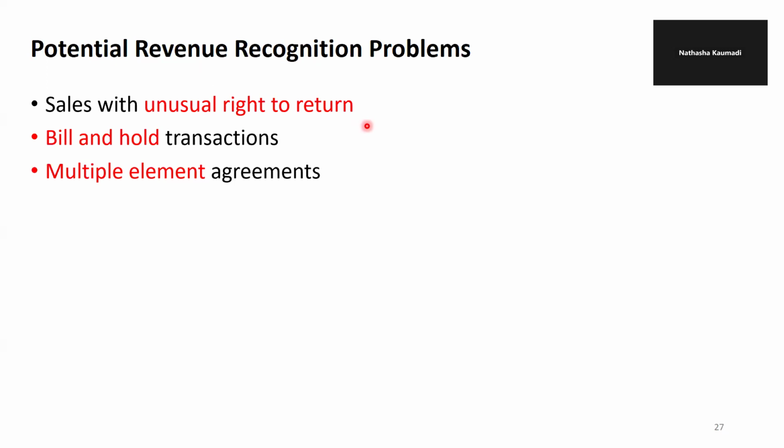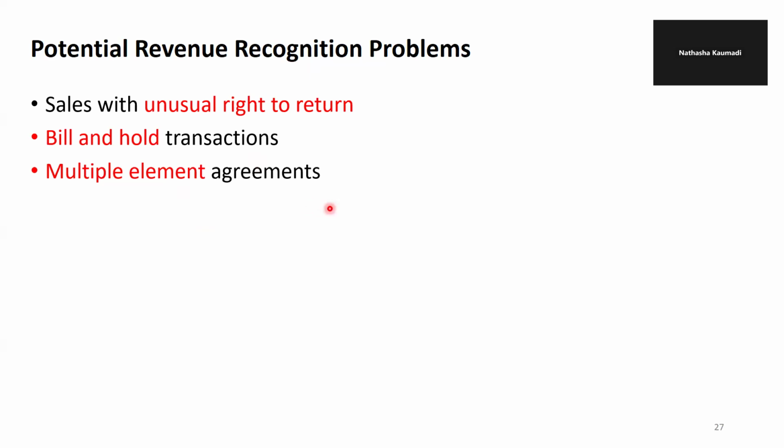We have to definitely identify the exact point where the revenue can be recognized. Bill and hold transactions can be there. You bill, you get the invoice, but you hold the goods, maybe until they satisfy a certain condition. Likewise, when they have transactions like that, you have to be very careful at which point you can recognize the revenue.